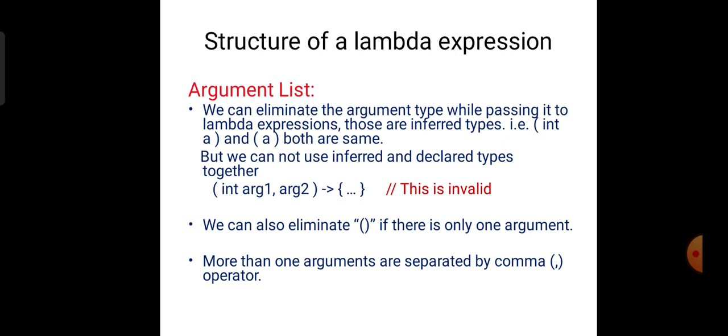So argument 1 and 2 have the same data type in the lambda expression. We can also eliminate the parentheses when there is only one argument. More than one argument are separated by a comma.